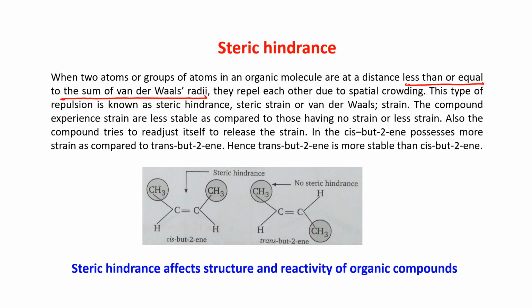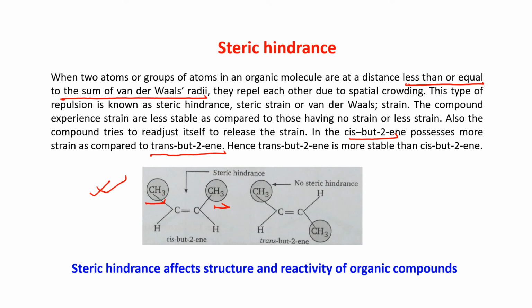In the case of butene, cis-butene possesses more strain as compared to trans-butene. Hence, trans-butene is more stable than cis-butene. Just see the example here. This is cis-butene. Now in that, CH3 and CH3, the similar groups, are present on the same side.